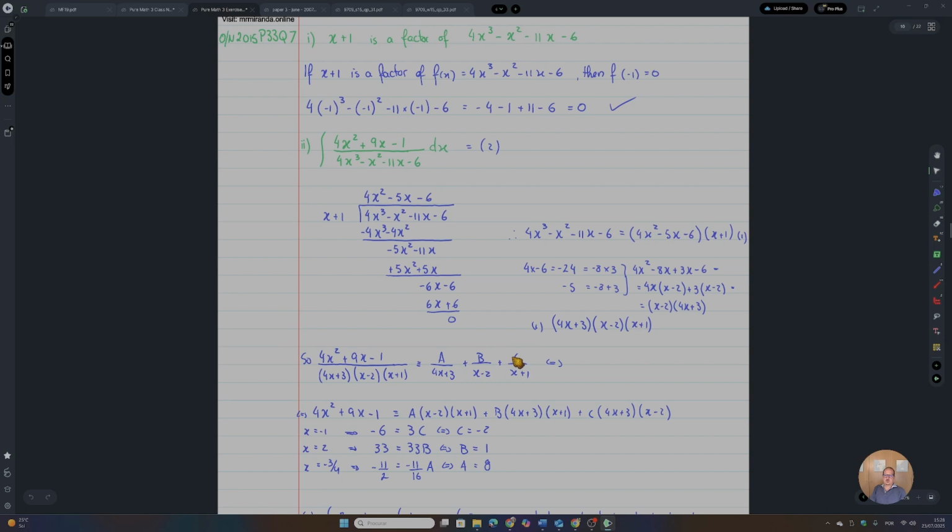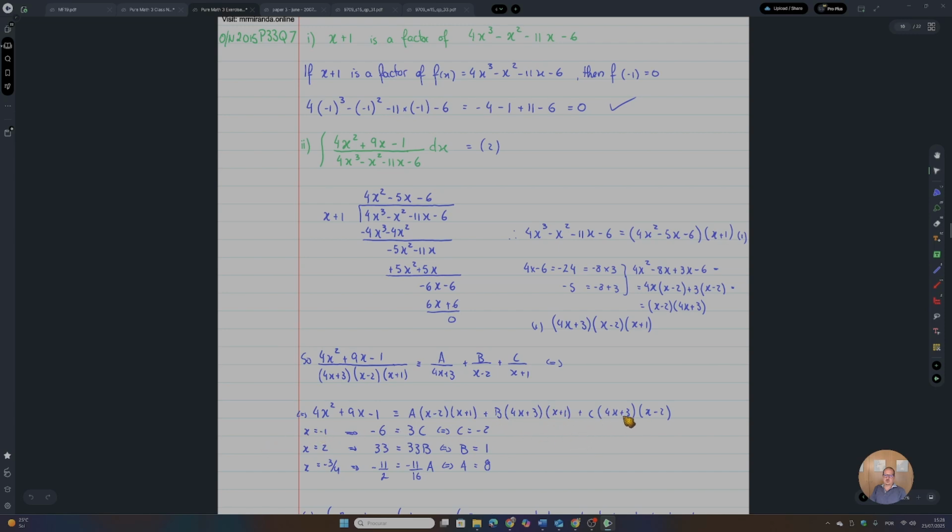Do the same thing with C, and that's going to be just 4x plus 3, x minus 2. Now expand, no, not expand all of that. It's a type 1. You can just cherry pick. When x equals minus 1, you eliminate this term and that one, and you will be able to find C. That's what I did there.